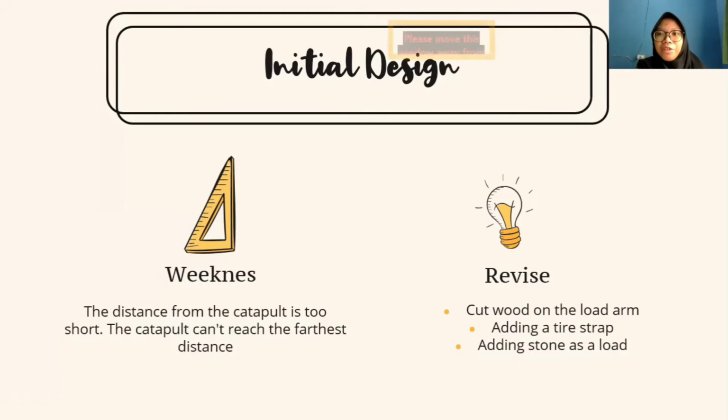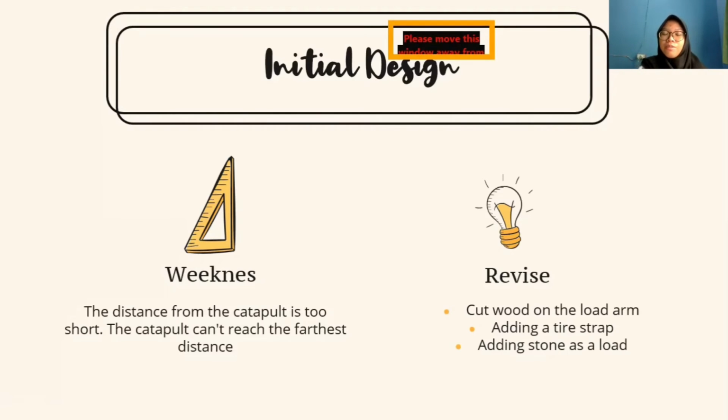For the next, I will explain what the weakness is and what we revised from our initial design. Firstly, the weakness of our catapult is the distance. The distance is too short.